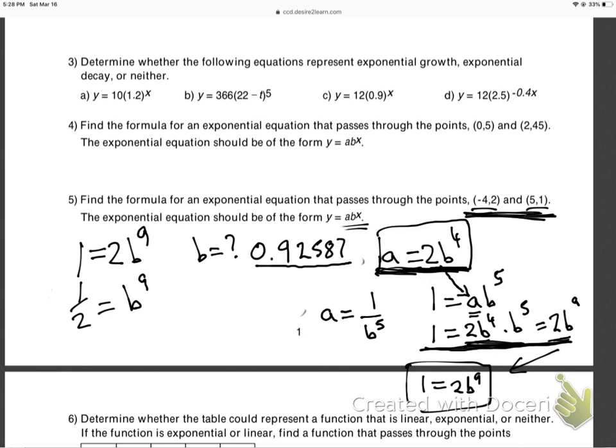Okay, I need to plug that back in somewhere to find out what a equals. So I can either choose this one, remember, or this one, which I've already got written here, okay? Right, what shall I do? I think I'll pick this one again. So a equals, so I've got to do b to the power 4 and then multiply by 2.